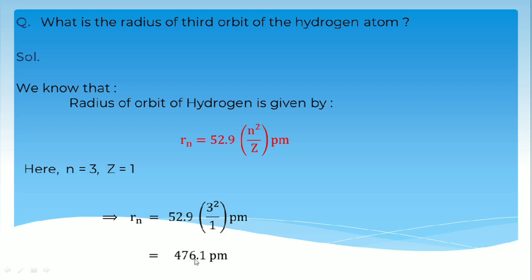This will be 476.1 picometer. Therefore, the radius of the third orbit of the hydrogen atom is 476.1 picometer. Okay, so this is all about Bohr's model for the hydrogen atom.